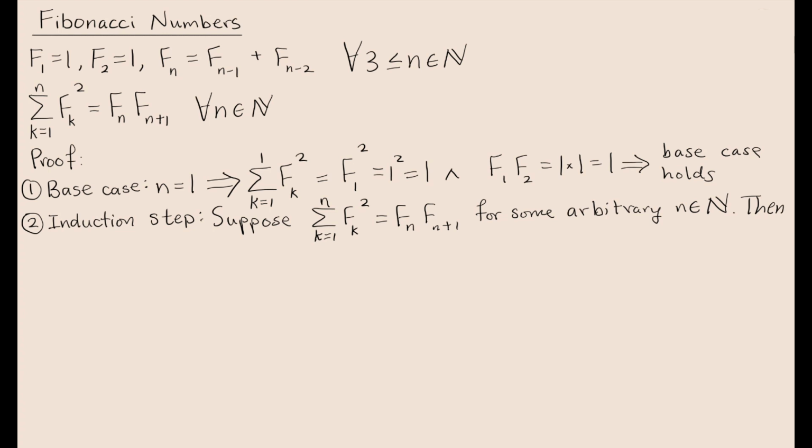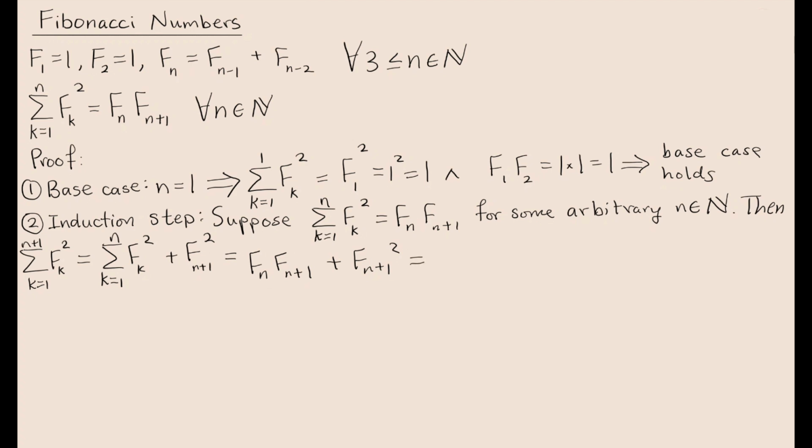Then the sum from k = 1 to n+1 of f_k squared is equal to the sum from k = 1 to n of f_k squared plus that last term, which is f_{n+1} squared. And this is equal to f_n times f_{n+1}, by the induction hypothesis, plus f_{n+1} squared.